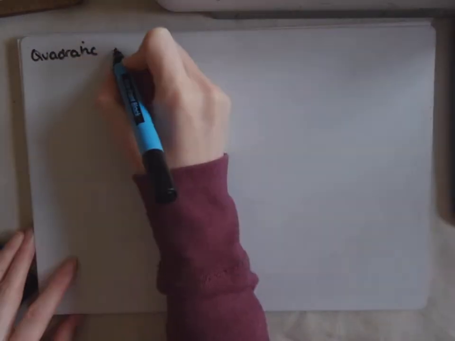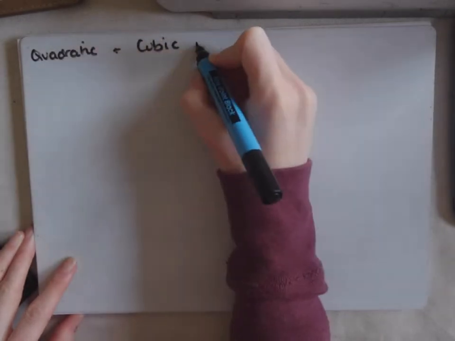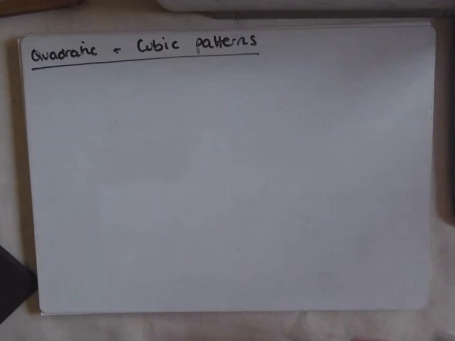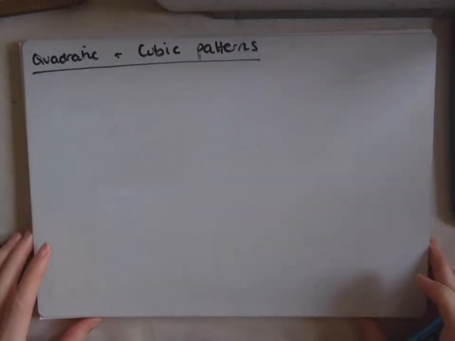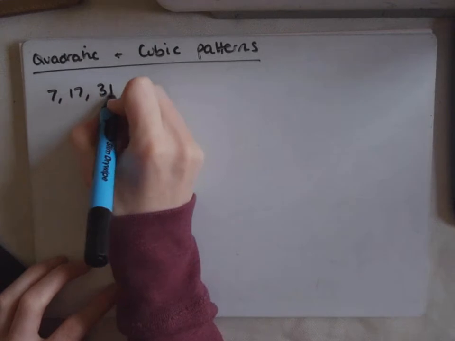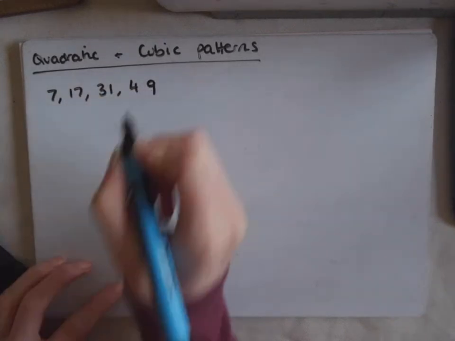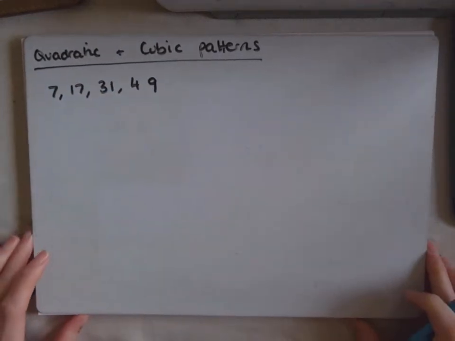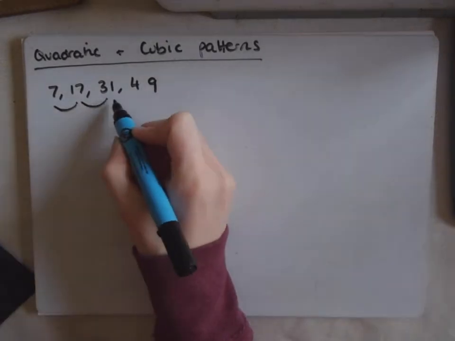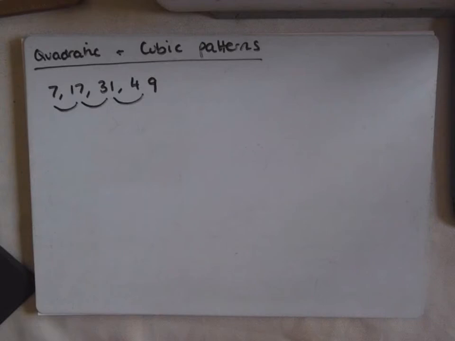So quadratic and cubic patterns. If you think about this pattern of numbers, or this sequence, if you're not sure what type it is, we always do our differences.